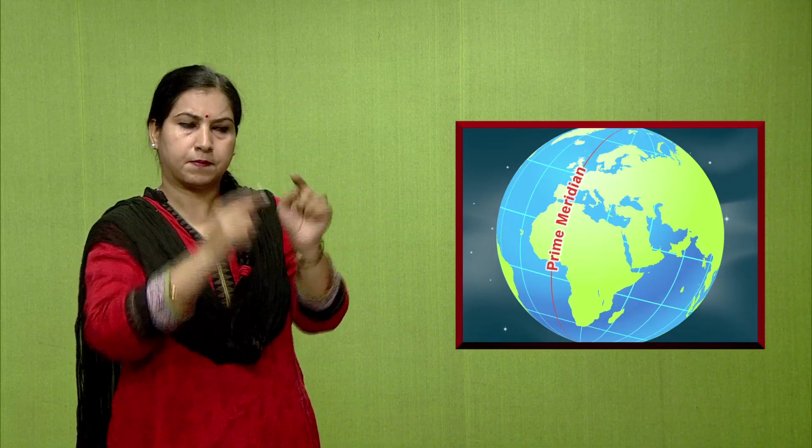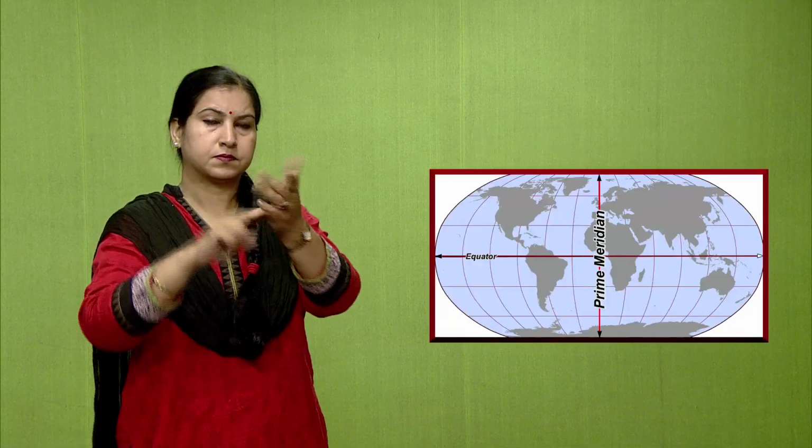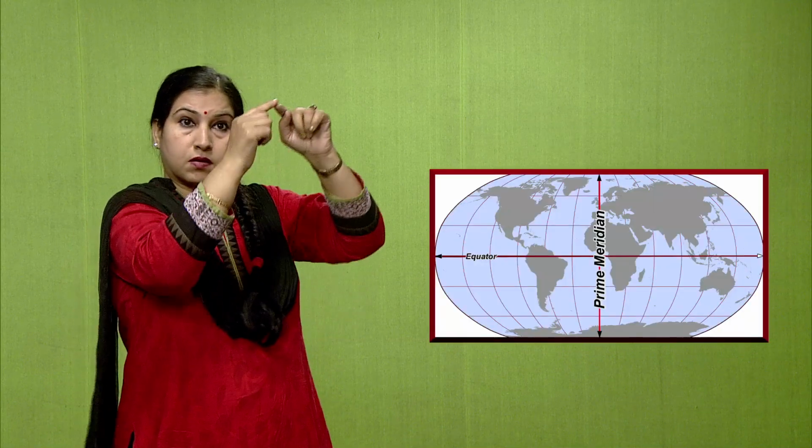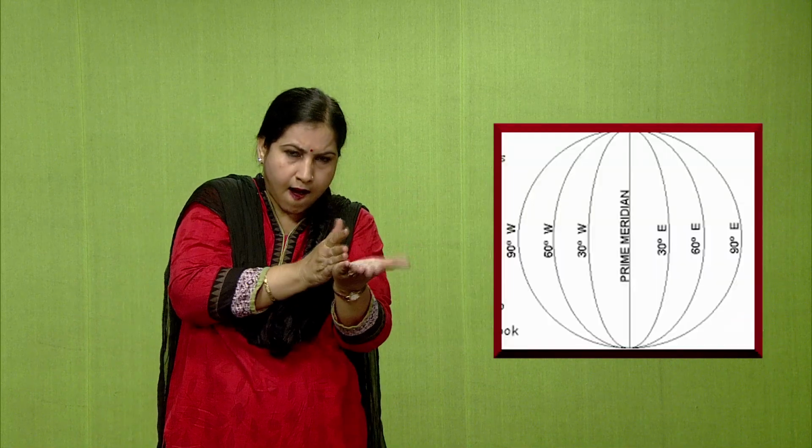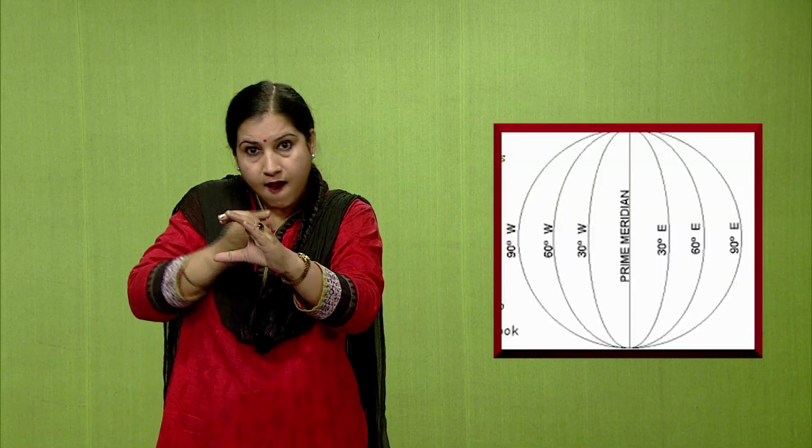The second one is the prime meridian at Greenwich in England. It runs from north to south and divides the earth into two equal parts, eastern part and western part, or you can also say eastern hemisphere and western hemisphere.